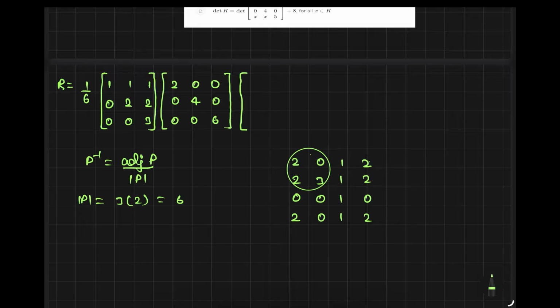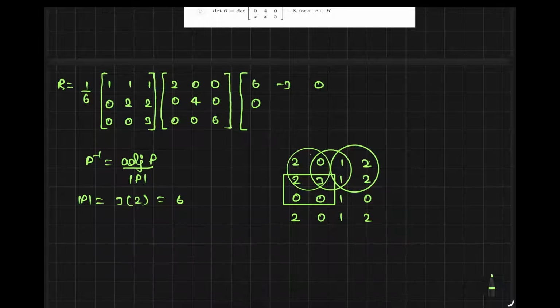So it is 6 minus 0, so it is 6. Then it is 0 minus 3. Then you got 2 minus 2, 0. Then we have 0.